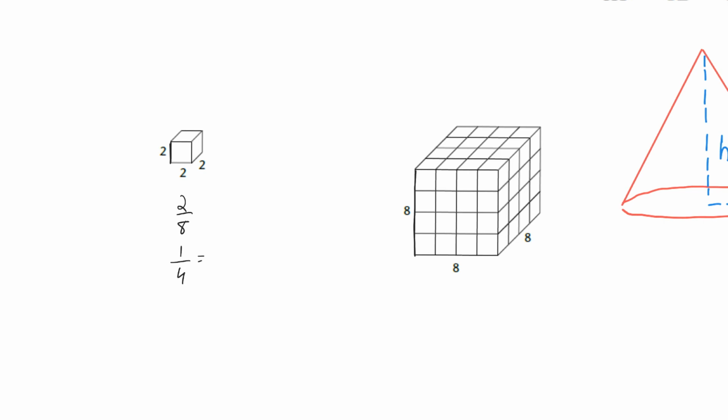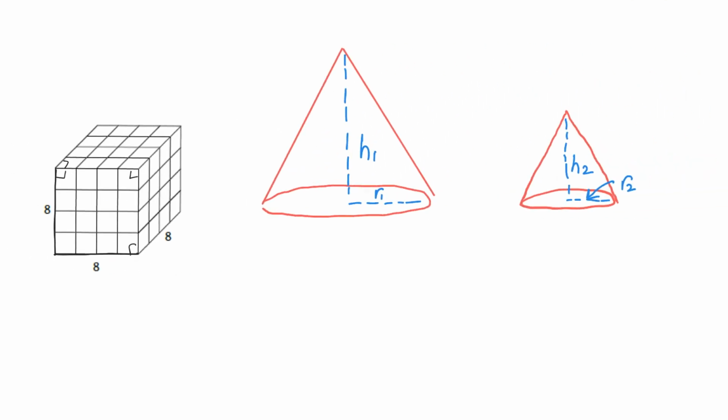Also, if I take this base and this corresponding side, the ratio will still be the same, that is 1:4. So I can say that the two shapes are similar. Now the corresponding angles will always be the same.